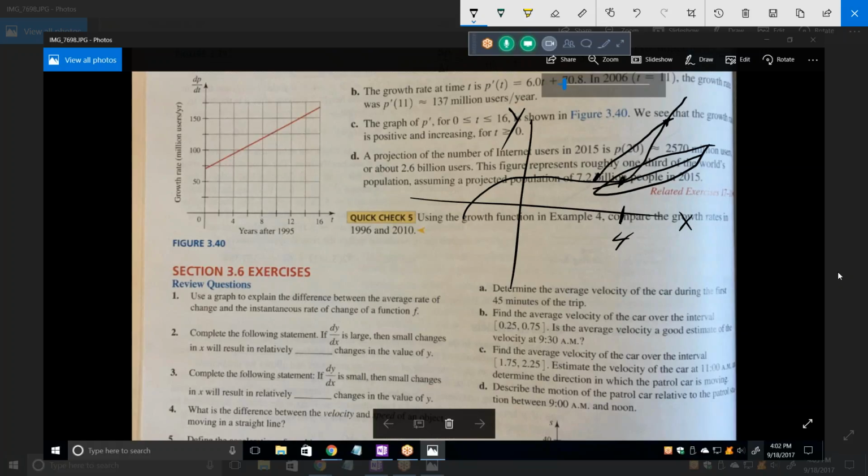Whereas I don't need calculus to come up with average rate of change. Average rate of change is the slope of that secant line. That's what average rate of change is. But slope is rise over run.